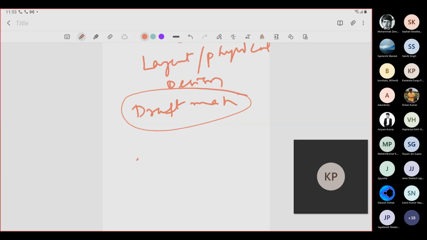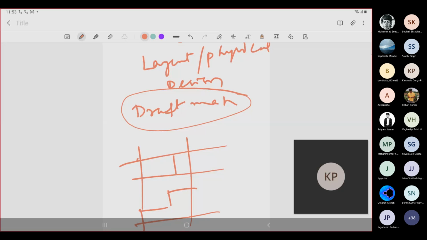They put lines and say where each room should be: dining hall, drawing hall, kitchen room, study room, veranda, staircase.